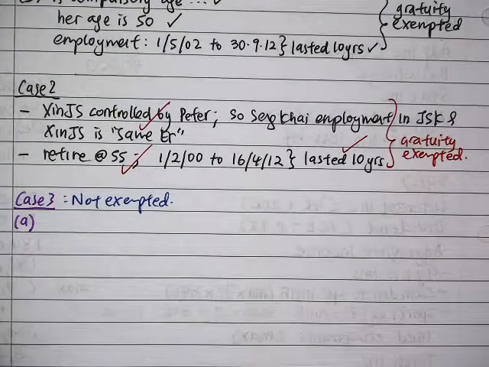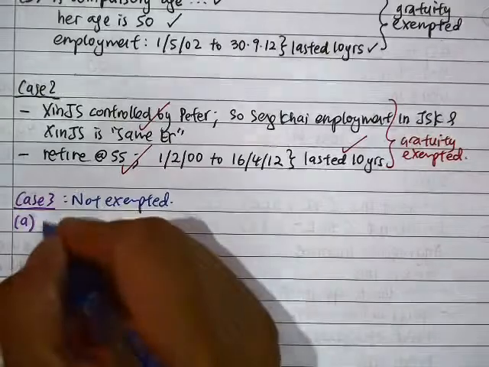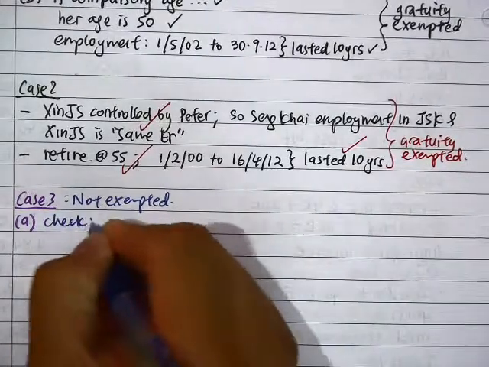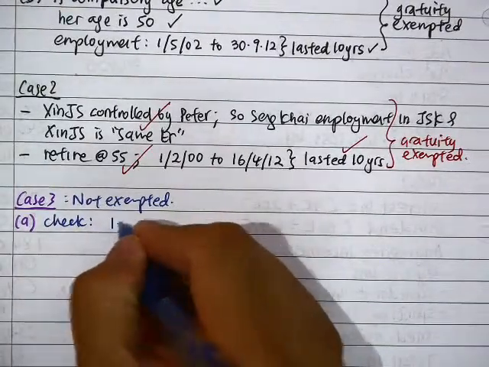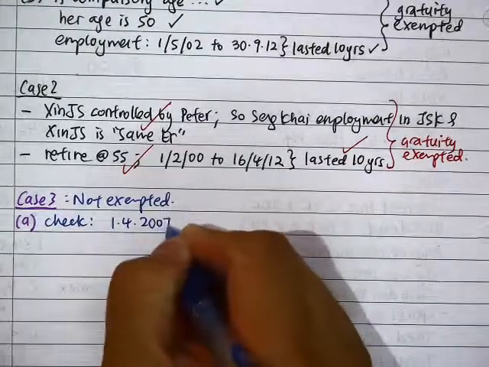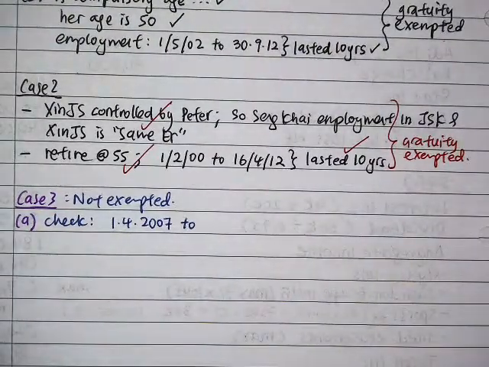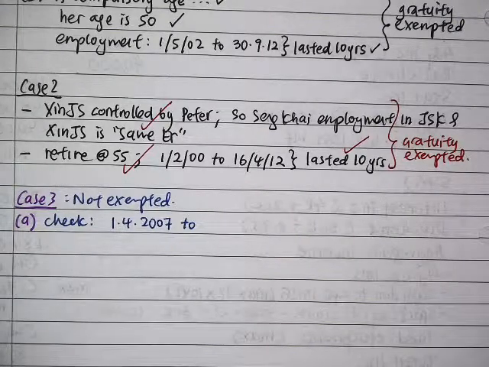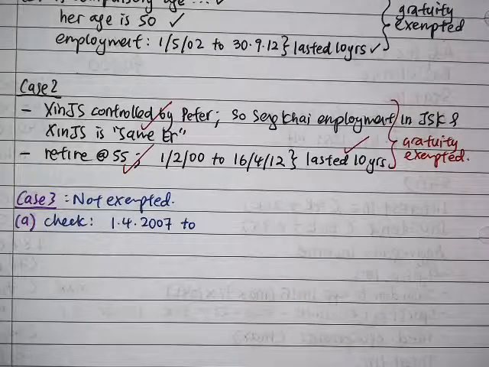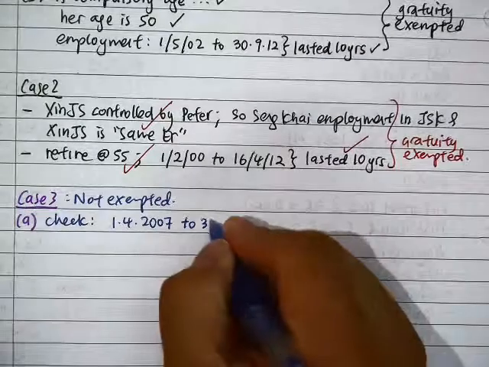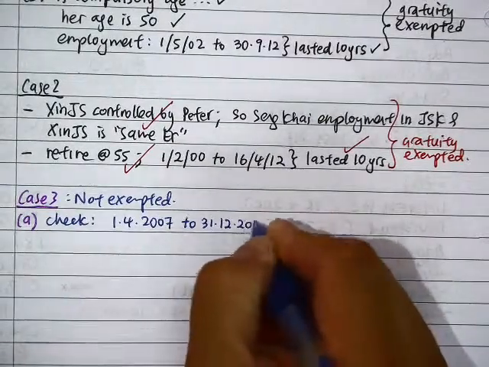So if not exempted, then we check from the date she commenced until, not the retirement, but before the beginning of the cessation year. The cessation is 2012, so it's until December 2011.